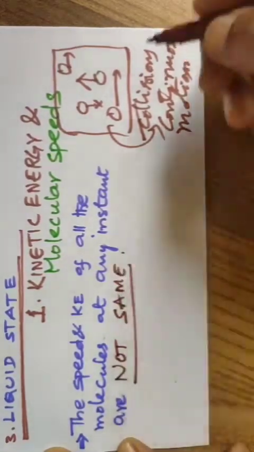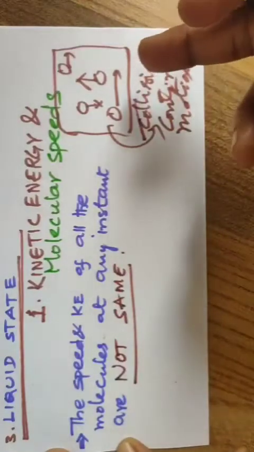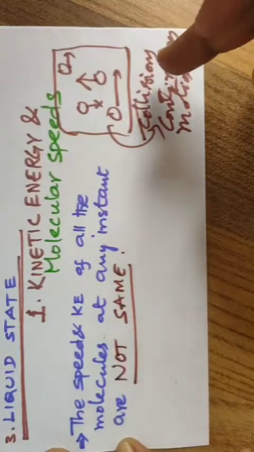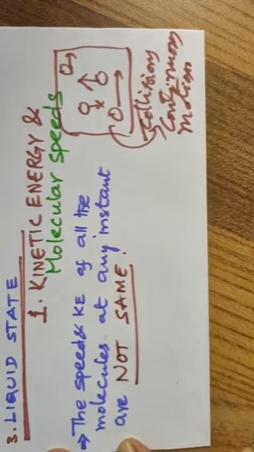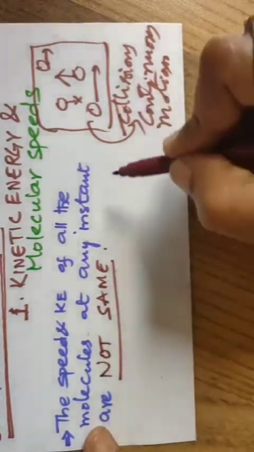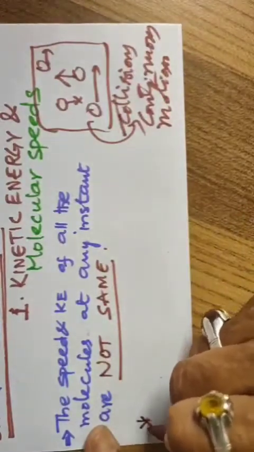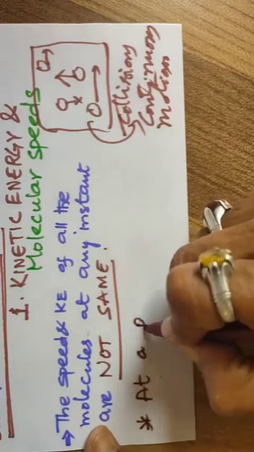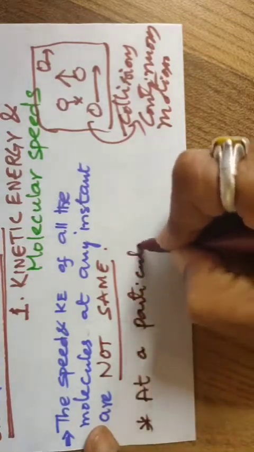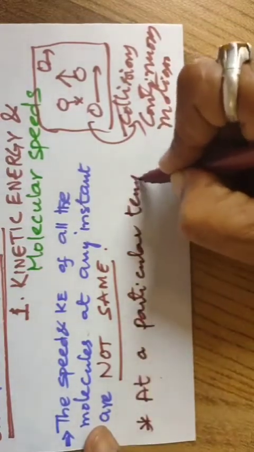So we want to know about the different speeds possessed by gaseous molecules, as well as kinetic energy. Here, what is noticed? Kinetic energy is ever changing, but the average kinetic energy at a particular temperature is constant, because the temperature is fixed.